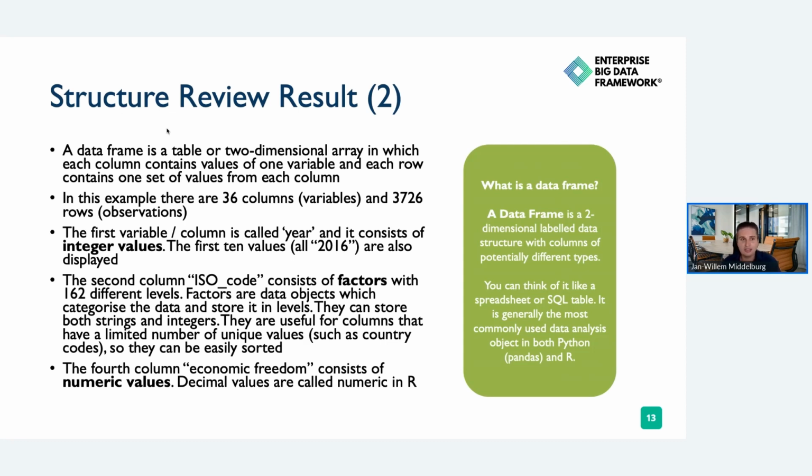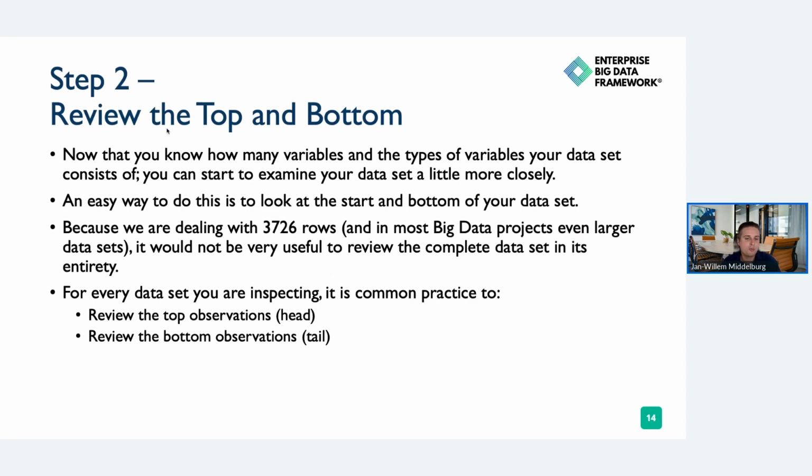Good, let's look at this from a specific example. In the second step of data inspection, what we typically like to do is to have a glimpse of the data. And especially if you have larger data sets, it's going to be impossible to review everything. So it would be useful to at least review the first few rows and the bottom few rows.